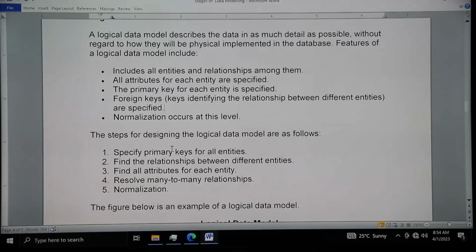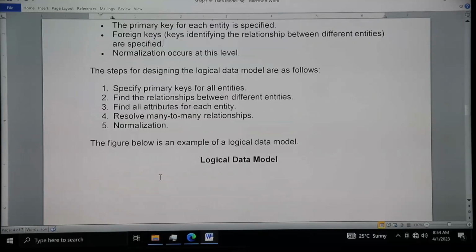The steps of designing this logical model: first, you have to specify the primary key for each entity, because the entity was first identified in the conceptual model. Then you find the relationship between different entities via the primary keys and foreign keys. Then find all attributes for each entity, resolve many-to-many relationships, and then do normalization.